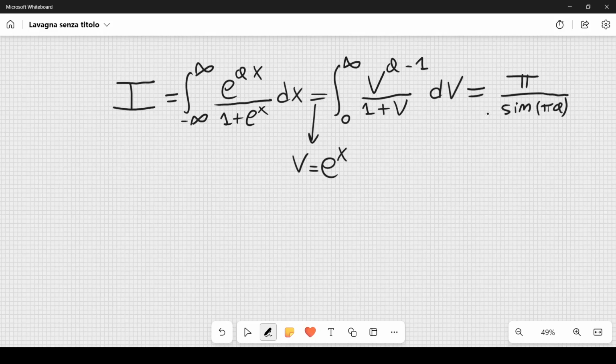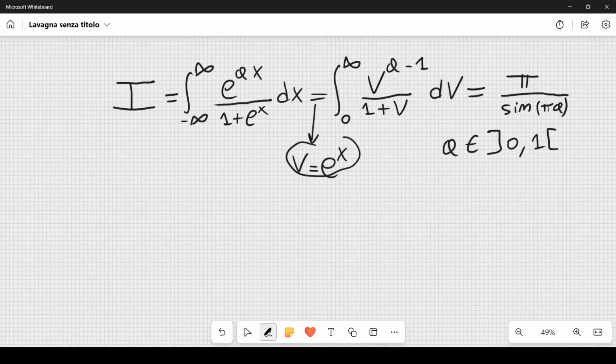Here we assume that a is a constant in the interval 0, 1. So it cannot be equal to 0 and it cannot be equal to 1. The outer values of this interval are excluded from the values that a can take. We want to prove this equality, in particular this one, because the substitution step is trivial.